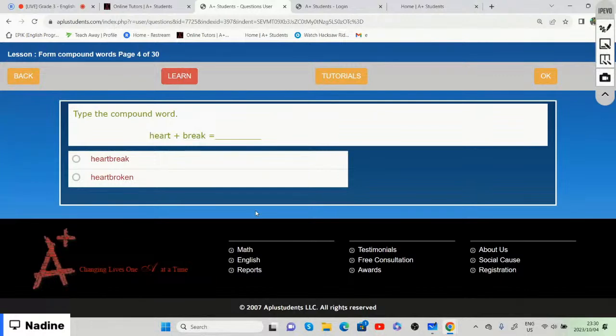Our two smaller words are heart plus break. And is it heartbreak or heartbroken?